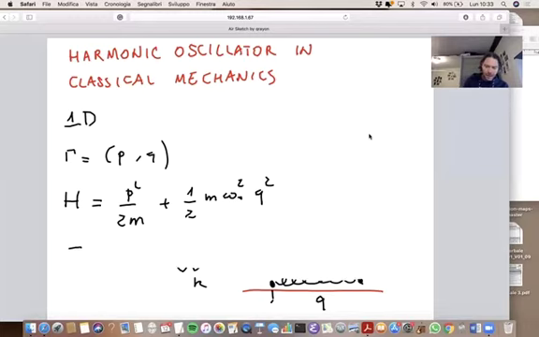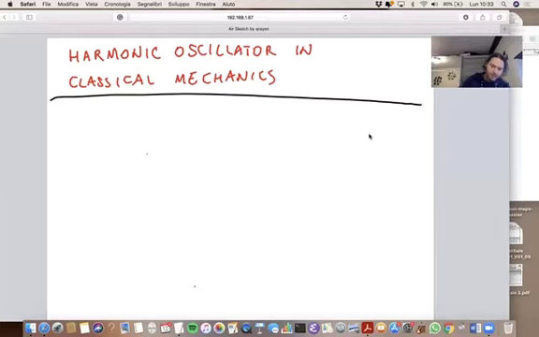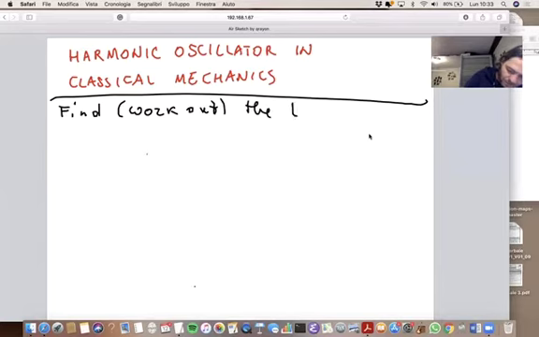So, okay, that's my Hamiltonian. So we know now how to go around with this problem. First step, we need to find, or work out, the equations of motion.